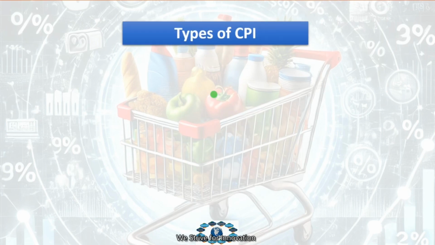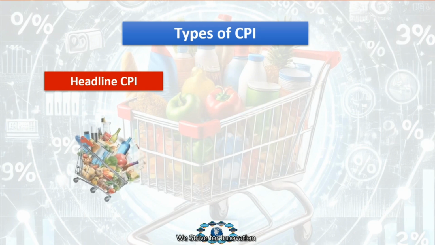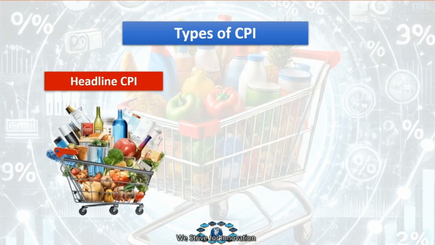Now, there are types of CPI, of course, not one type. There is the headline CPI, which tracks all prices regardless, including food and energy prices.